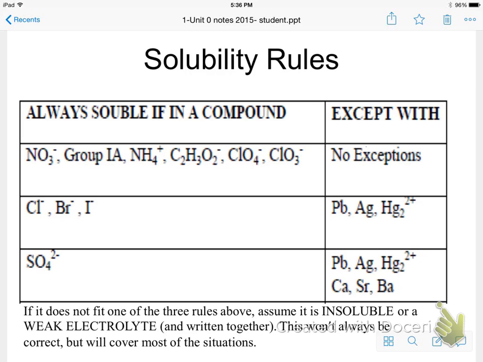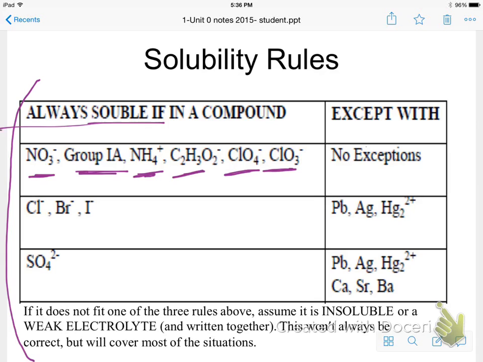So in order to determine whether or not you're going to make a precipitate, you have to look at your solubility rules. And here's just a simplified version of the ones that you worked on over the summer, but you need to understand them and know how to use the table. So simply, this will capture 95% of what you're going to run into. Nitrates, group 1 alkali metals, ammonium, acetates, perchlorates, and chlorates: anything that has any of those ions in it is always soluble with no exception.